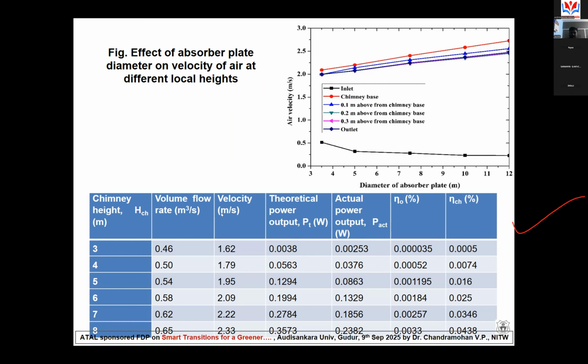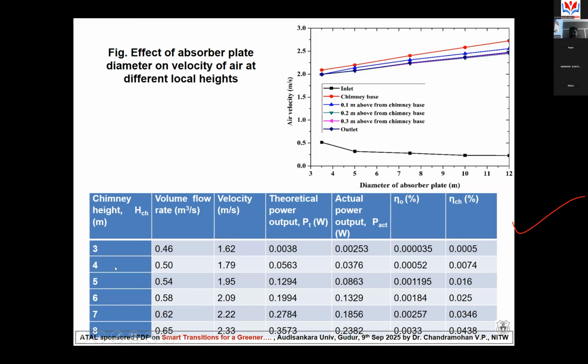Now I could estimate the volume flow rate, velocity, theoretical power output, actual power output, overall efficiency, and chimney efficiency for different chimney heights. When the chimney height is increasing, the theoretical power output is always increasing, actual power also always increasing, overall efficiency always increasing, chimney efficiency always increasing.